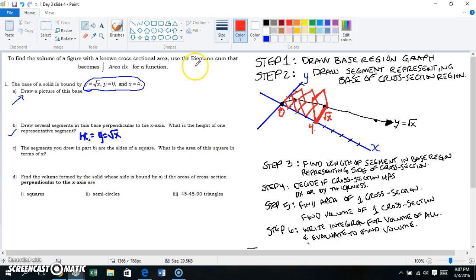Okay, the area of the square in terms of x will be the square root of x squared, which is just x.